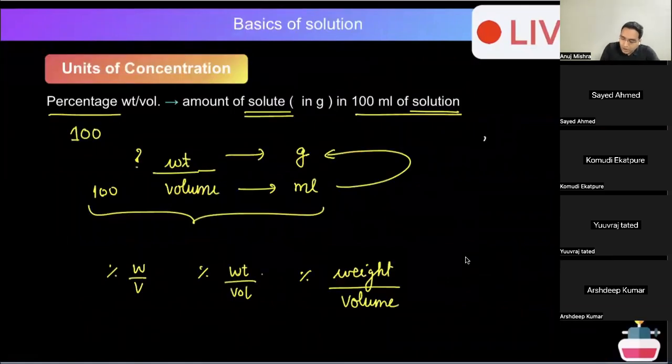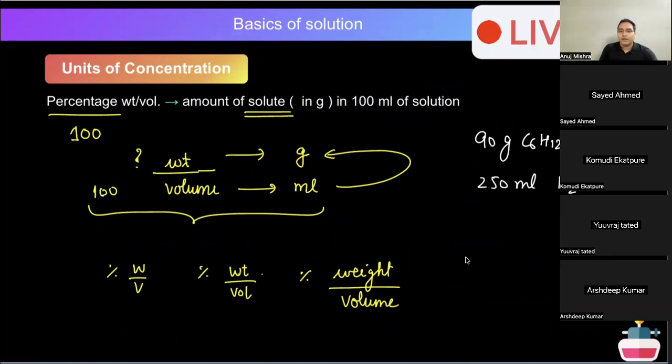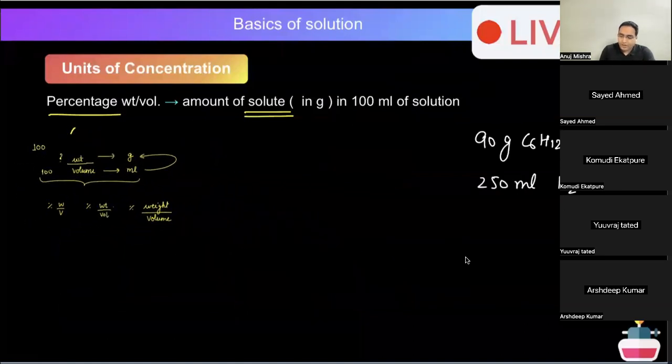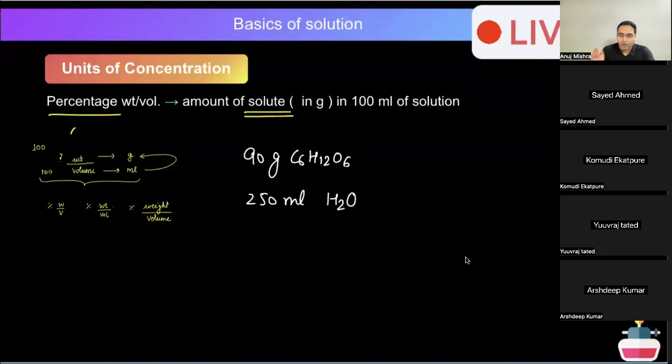This is 90 gram of glucose in 250 ml of water. Can you try for percent weight by volume? Is there any possibility? But there are small catches there, so you have to be very, very careful. Let's see those who can solve.